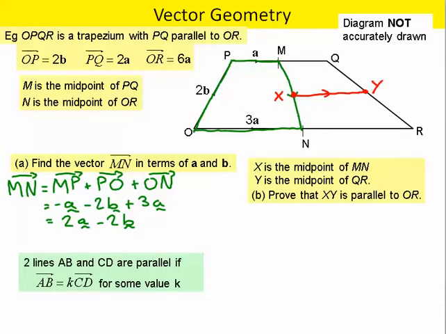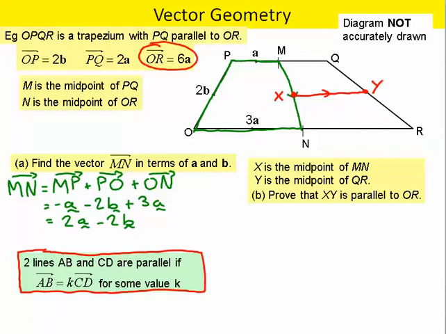Now remember that two lines are parallel if one is a scalar multiple of the other. So if we can write one as some number multiplied by the other, then they are parallel. So let's have a look at these. We know OR is 6a, that was nice and easy. So we need to work out XY.